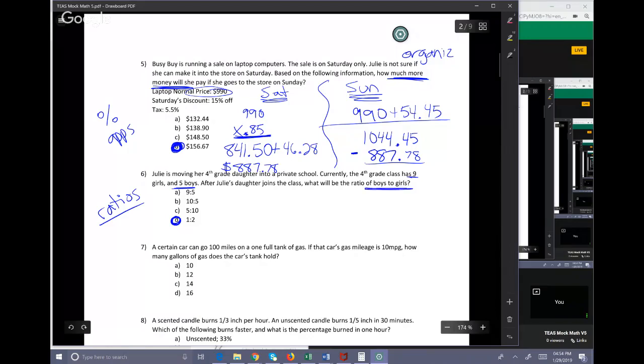And then you have to swap the order because the order that they were in was girls to boys. And then later when they go to actually ask the question, they swap that and they make it boys to girls. So that is it for that one. And make sure that you reduce. So you had a number you had to add, you had to switch the way that the ratio was ordered, and you had to reduce the final answer.